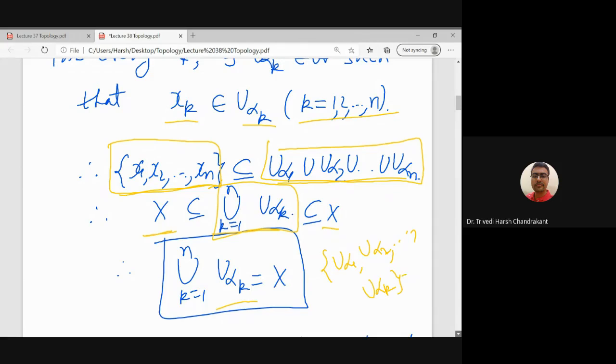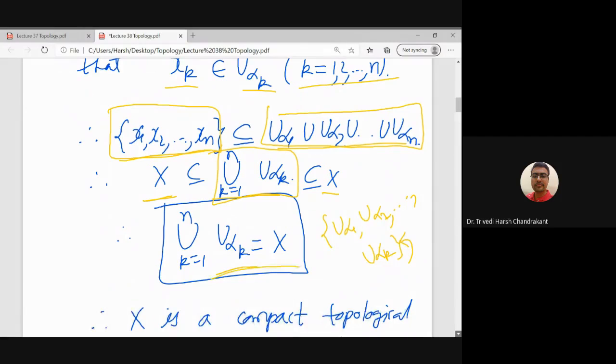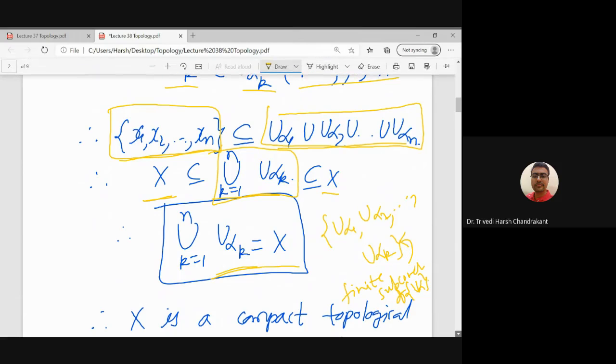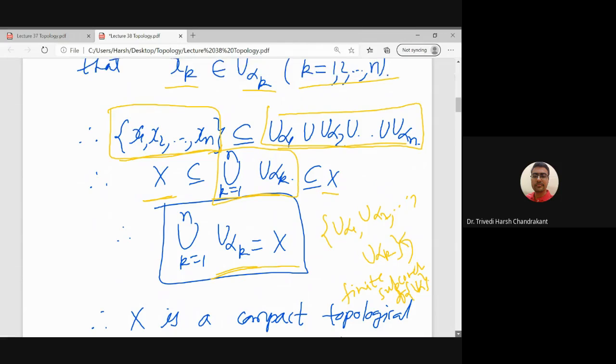All right, so basically this is a finite set of open sets which covers the entire space X. So therefore it is a finite subcover of U alpha. So starting with any cover U alpha, we have found a finite subcover by selecting open sets one by one which contain the points one by one.